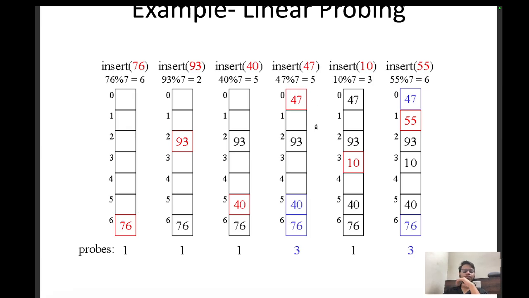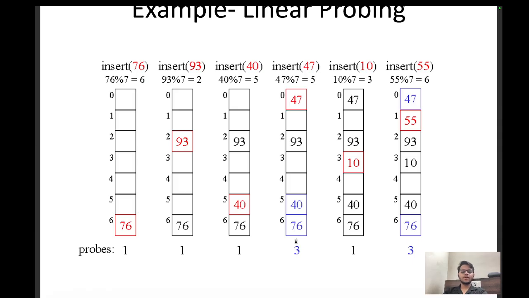So here the problem comes in. 47 by 7 gives a remainder of 5, and at index 5 we already have the element 40. So what would we be doing now?